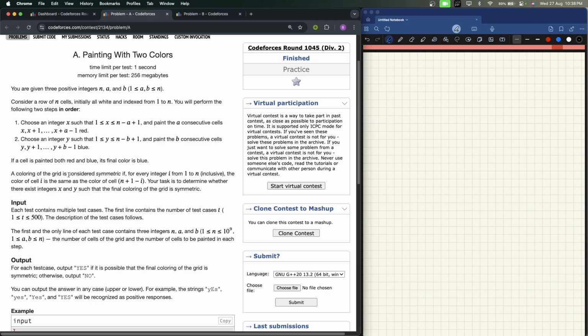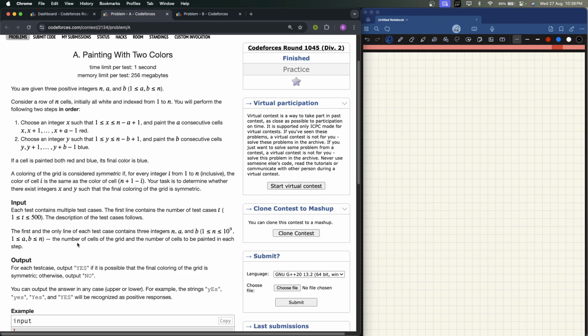There is a case where the coloring of the grid is called symmetric if and only if the ith color is equivalent to the n plus 1 minus ith color, meaning the same index from the last.